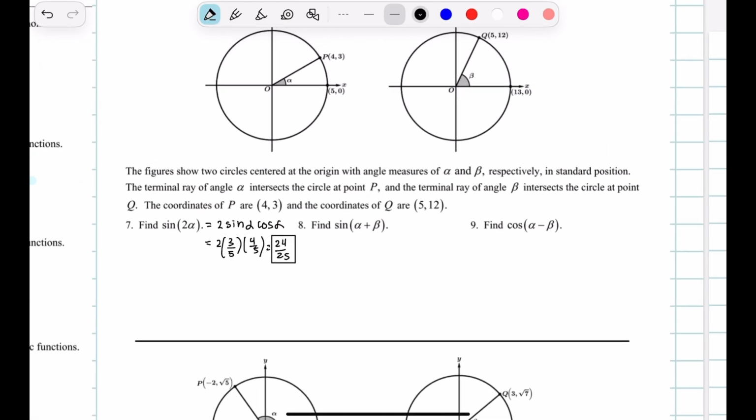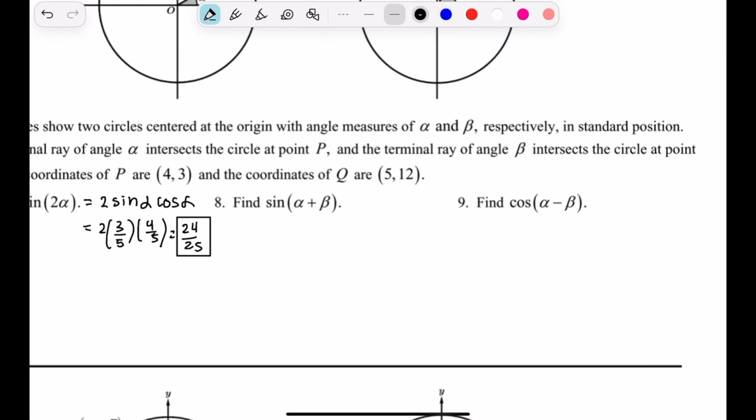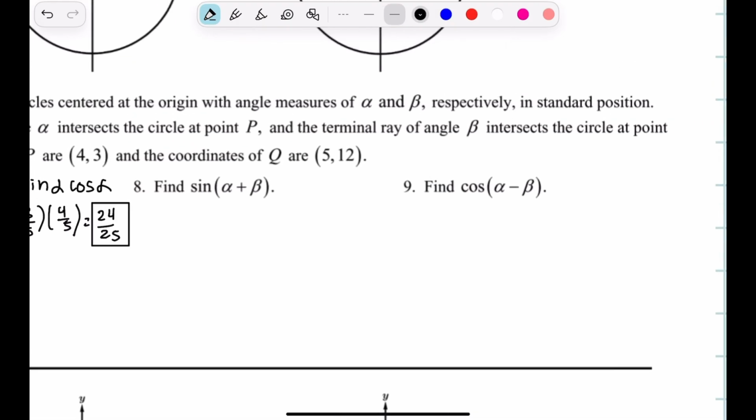And now find sine of alpha plus beta. So sine of alpha plus beta, that is going to be the formula, okay, this is kind of running out of space, so I'm going to write it down here. Sine alpha cosine of beta plus cosine of alpha sine of beta.